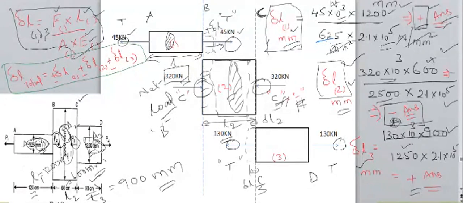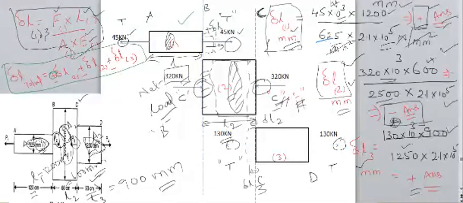Therefore, the total elongation is equal to delta L1 plus or minus delta L2 plus or minus delta L3, whether we need to add or subtract according to the nature of the load. The first one is tensile, so I take it as positive.